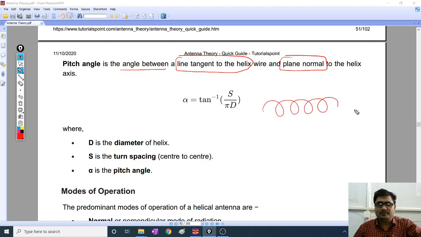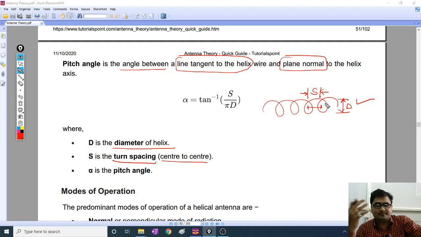And D is the diameter of the helix, and S is the turn spacing. Look at this, turn spacing, center to center, means from this center to this center. How much spacing there is between two turns is also important, and from that I can calculate the pitch angle.